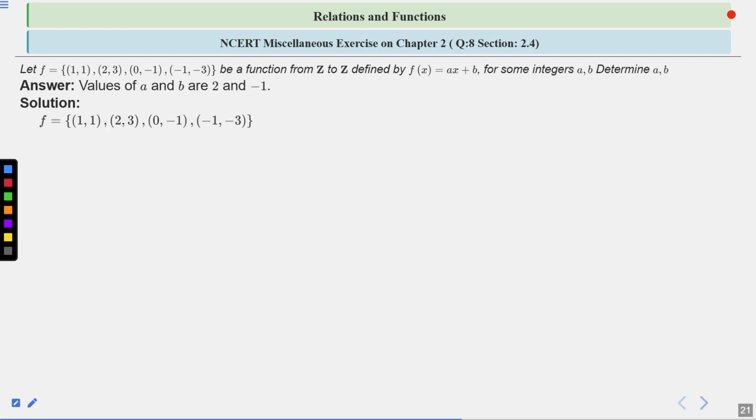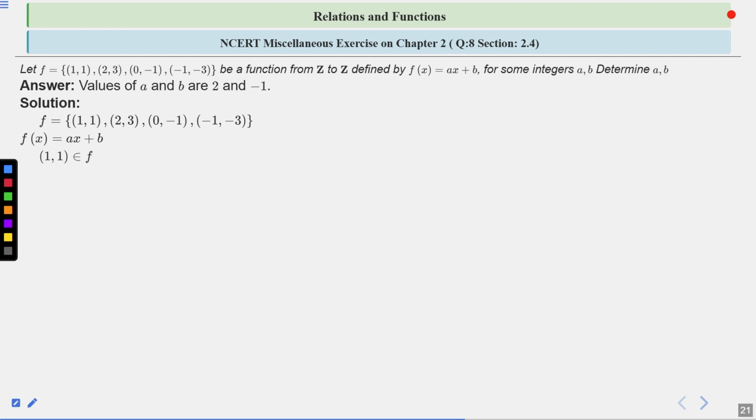Solution. f is already given to us in roster form, meaning for input 1 the output is 1, for input 2 the output is 3, for input 0 the output is -1, and for input -1 the output is -3. So we are going to use this information, the input-output relation defined in this manner, that for each input x we have output ax + b.